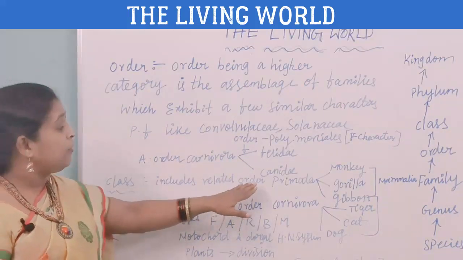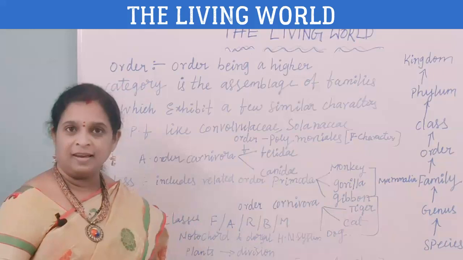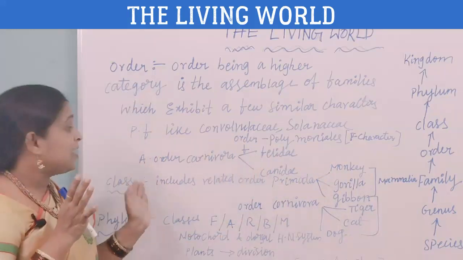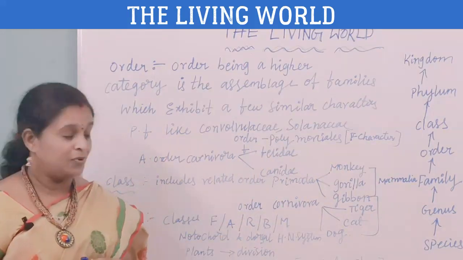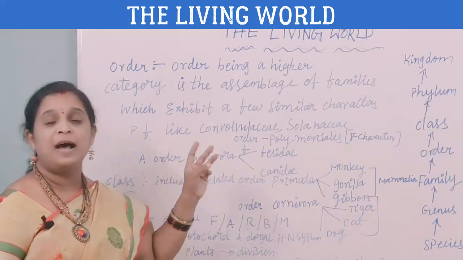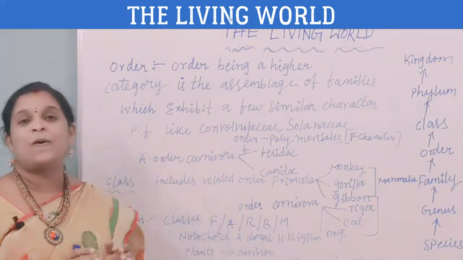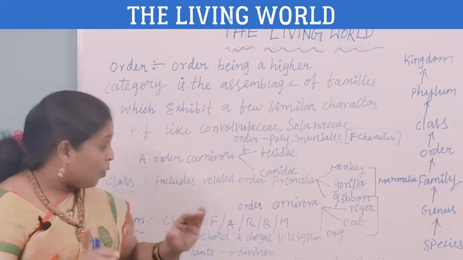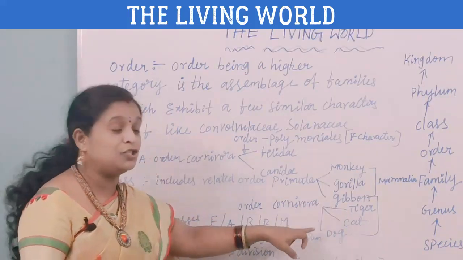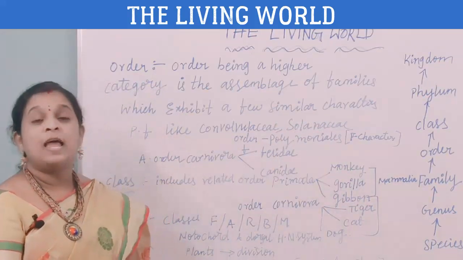For example, the order Primata, which includes the monkey, gorilla and gibbon, comes under the class Mammalia. And also the order Carnivora, which includes the tiger, cat and dog, comes under the class Mammalia.